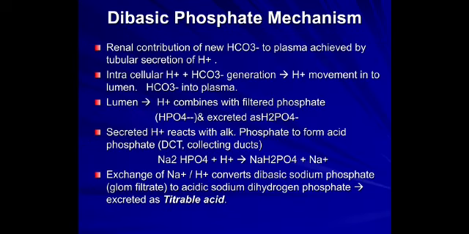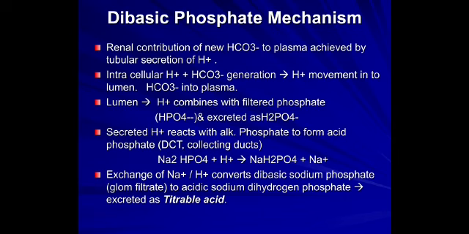So in this mechanism, whenever there is renal contribution of new bicarbonate to plasma, it is achieved by tubular secretion. The intracellular bicarbonate and hydrogen generation causes hydrogen movement into the lumen, and thereby bicarbonate into the plasma.